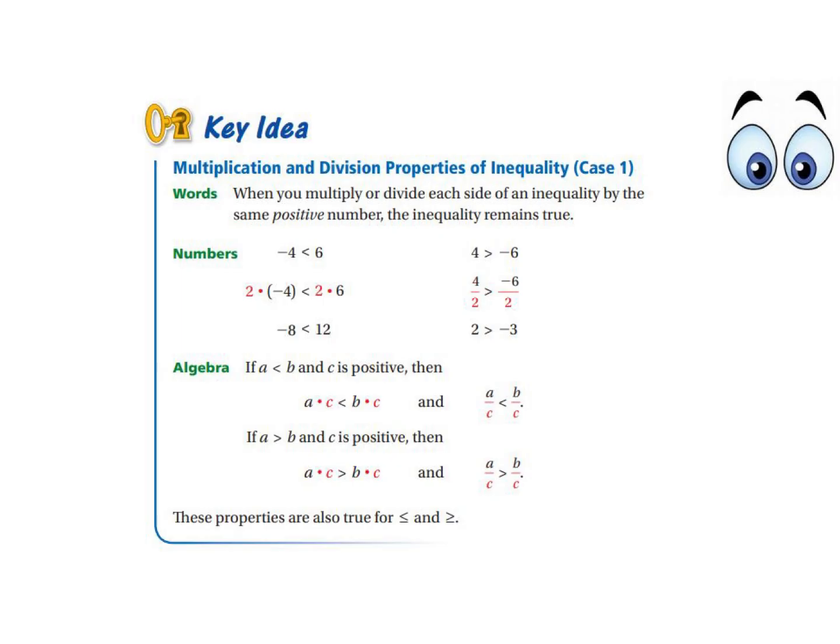Here I see -4 is less than 6. I can multiply both sides by 2, and I still get a true inequality: -8 is less than 12. Same thing for division. We can divide by the same positive number and still get a true inequality. We'll see what happens later with negatives and what the major change is.